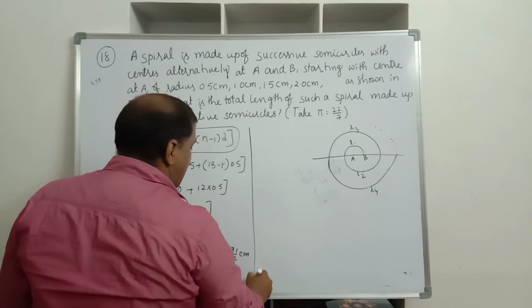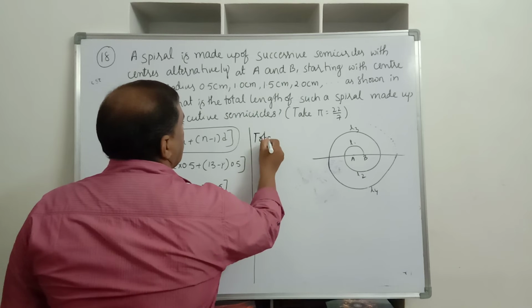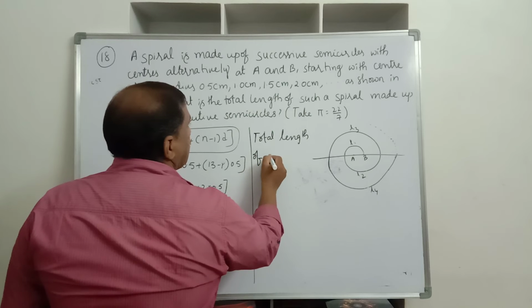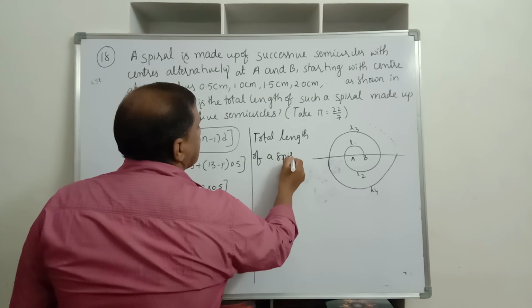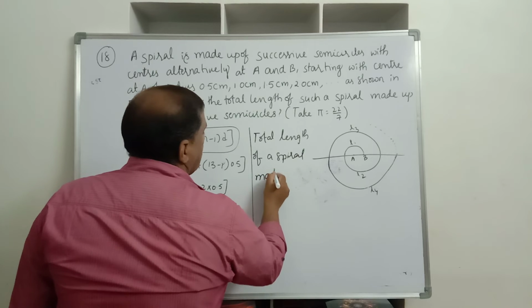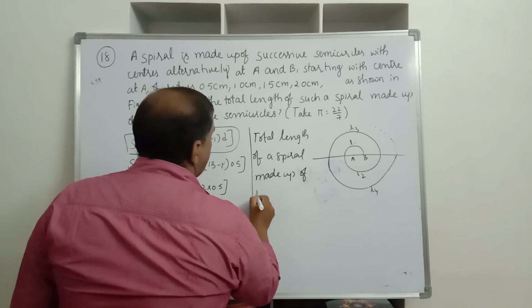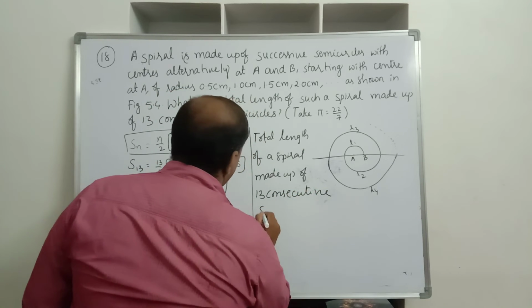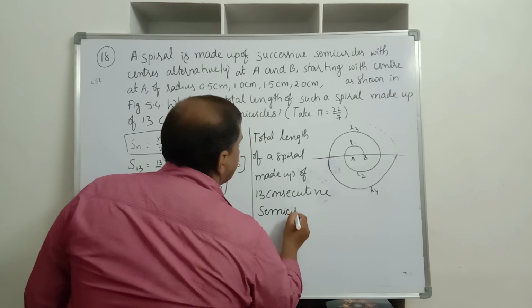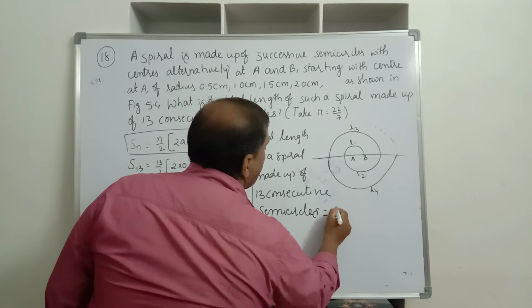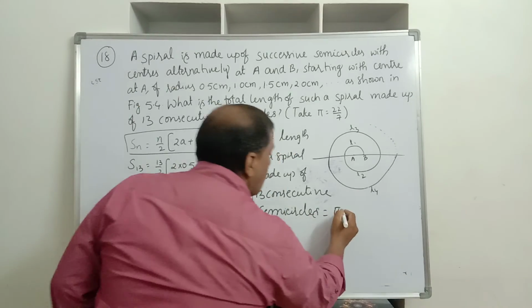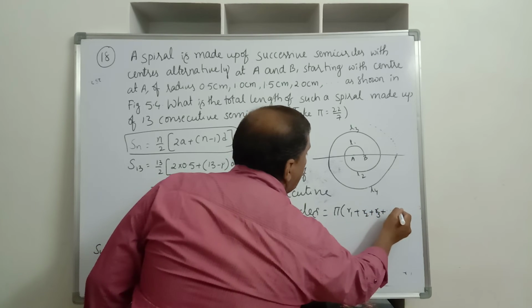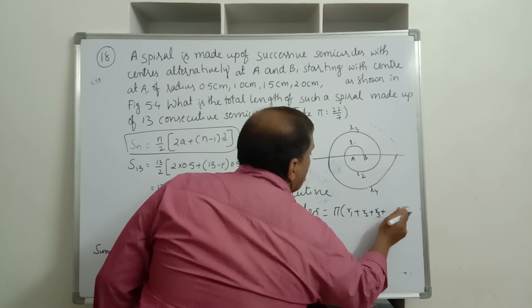So now what we have to find here is the total length of a spiral made up of 13 consecutive semicircles, which is pi into R1 plus R2 plus R3 and so on up to R13, 13 terms.